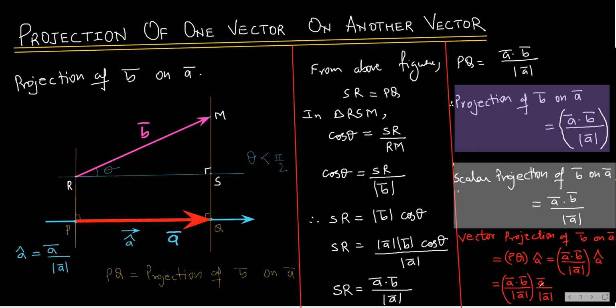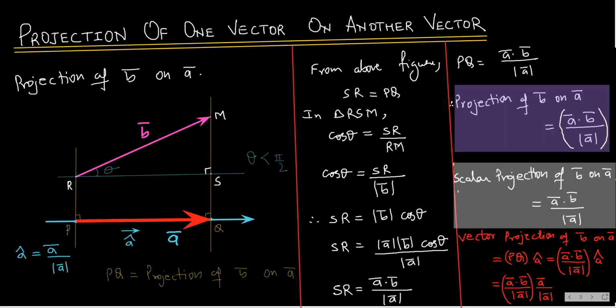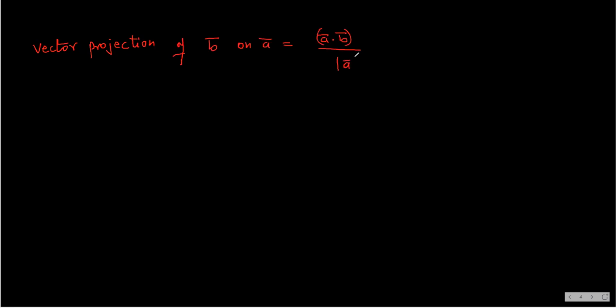Therefore, the vector projection of B bar on A bar is A bar dot B bar upon mod A bar square, and then the whole thing multiplied with A bar.